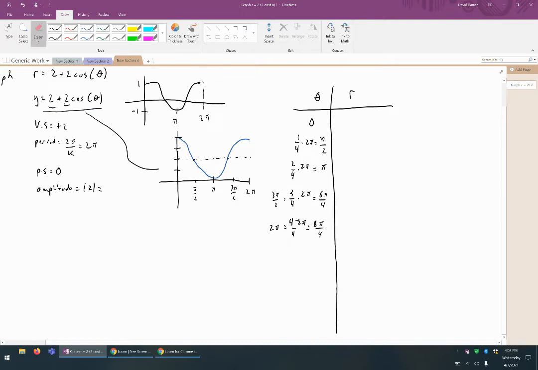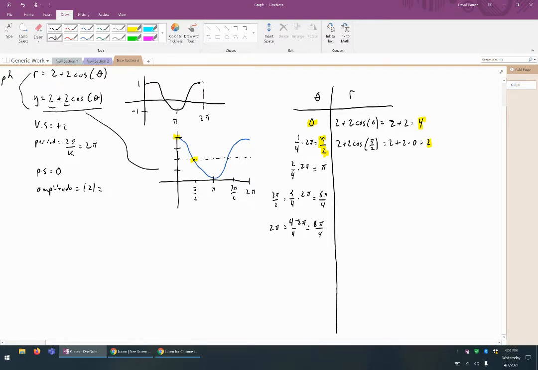And then we take these and input them as values into our function and get some output values. So 2 plus 2 times cosine of 0. Cosine of 0 is 1. 2 plus 2 cosine pi over 2, that's 2 plus 2 times 0, or 2. Note, these are corresponding to points on our graph, right?